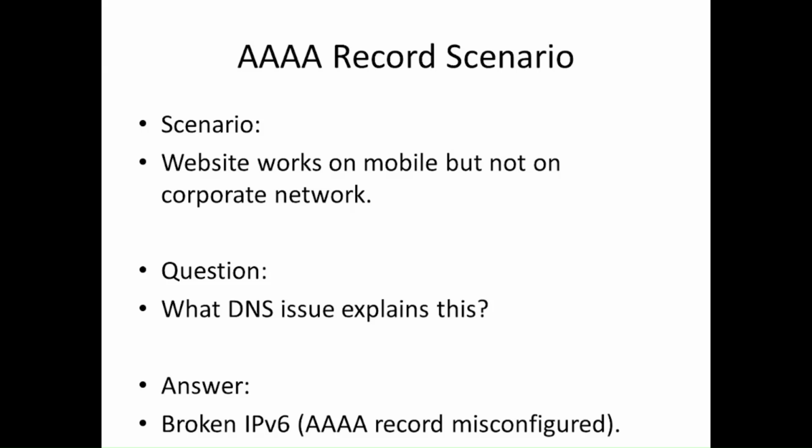If the AAAA record is misconfigured, those users will hit a broken server. So, even if the A record is correct, the AAAA record can silently break things. So fix or remove this record. Okay. So what the DNS explained is broken IPv6, or it may be misconfigured.